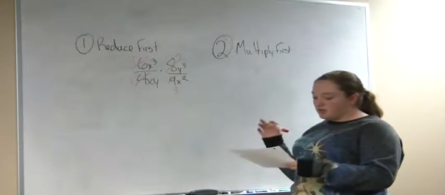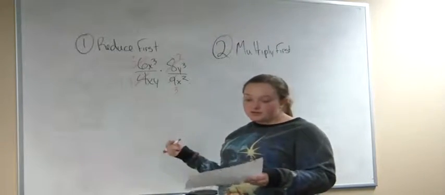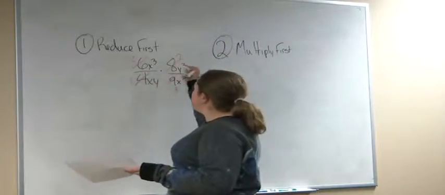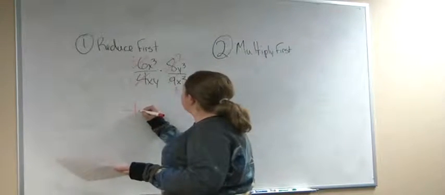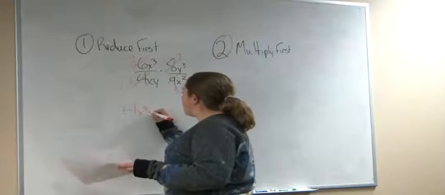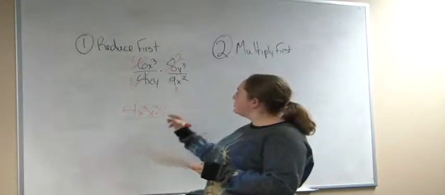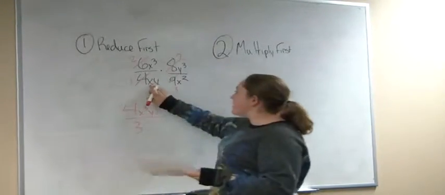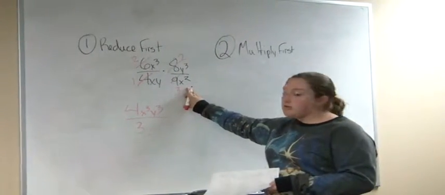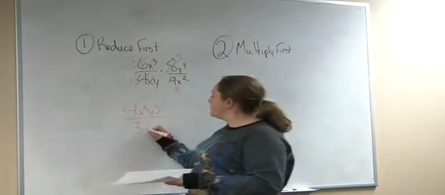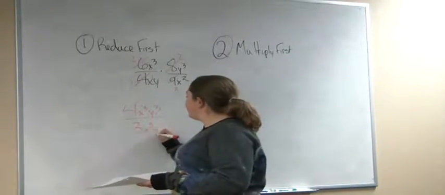Now, I'm done reducing for now, so I'm going to multiply and simplify. Now, 2 times 2 is 4, x cubed, y cubed, over 3. And since we have an x over here and an x squared over here, you add the 1 and the 2, so you get x cubed y.